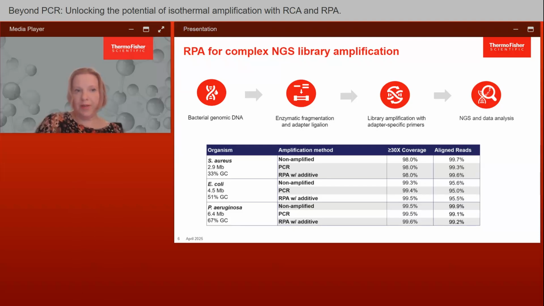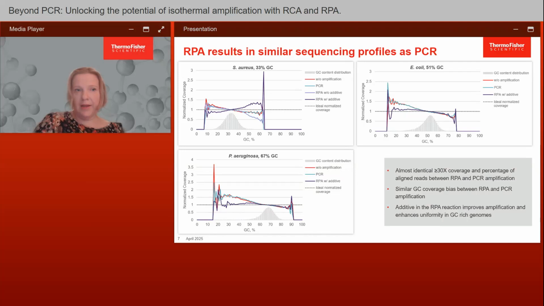We also had good percentages of aligned reads. And when we had a closer look at GC coverage bias, we also found that RPA generates similar profiles as PCR and can be used for amplification of complex libraries. For higher GC content, an additive should be added into the RPA reaction to get good coverage bias data.